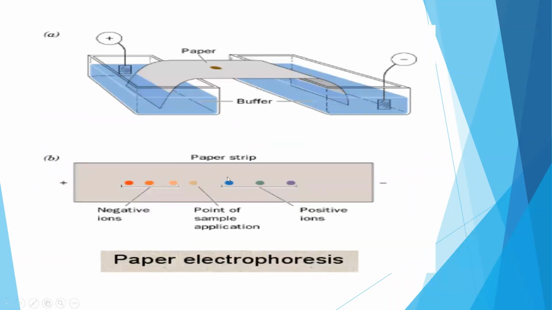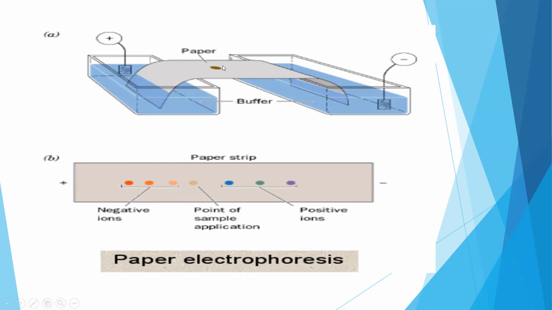In this technique, the sample is applied on a strip of filter paper wetted with the desired buffer solution. This is the buffer solution. The ends of the strip are dipped into the buffer reservoirs, in which the electrodes are placed. The electric current is applied, allowing the molecules to migrate for sufficient time.